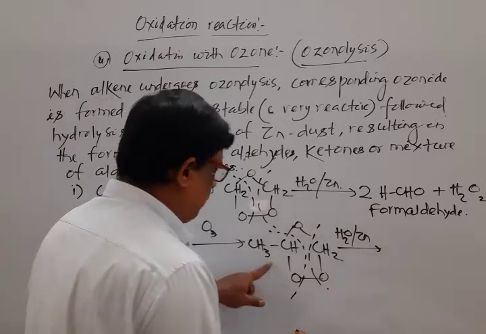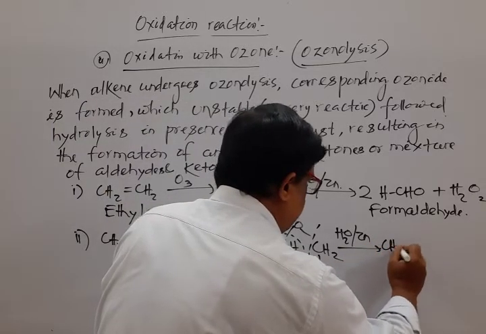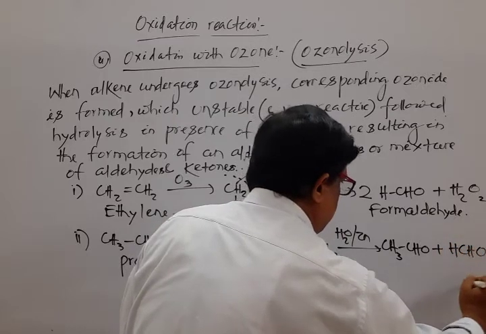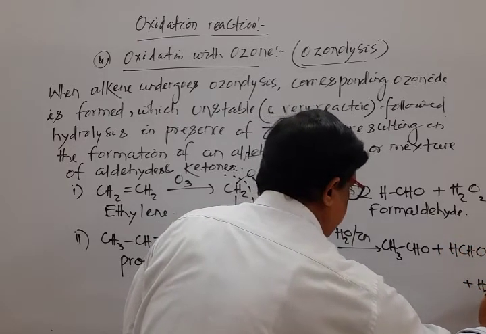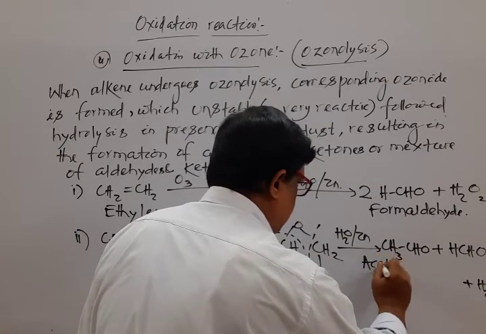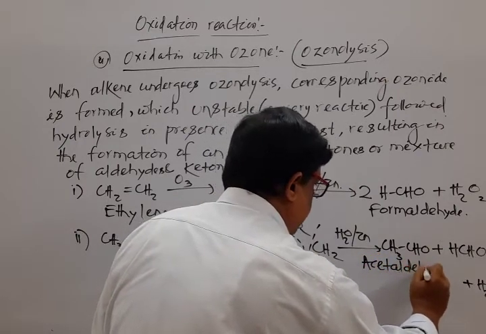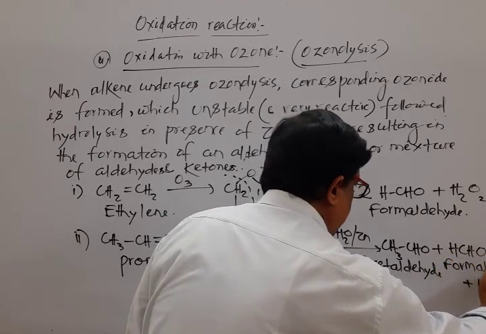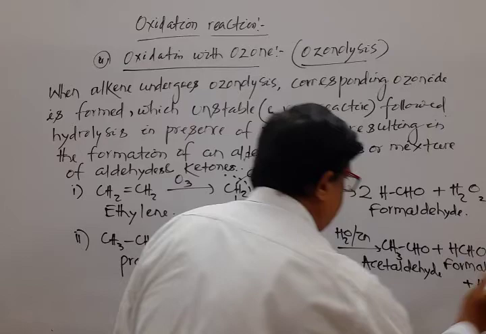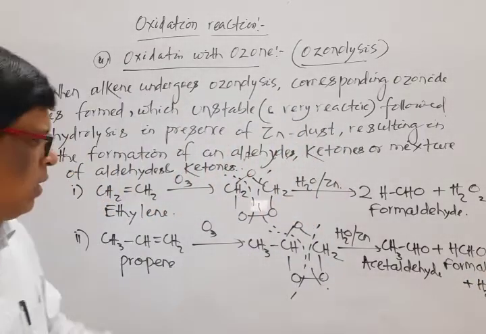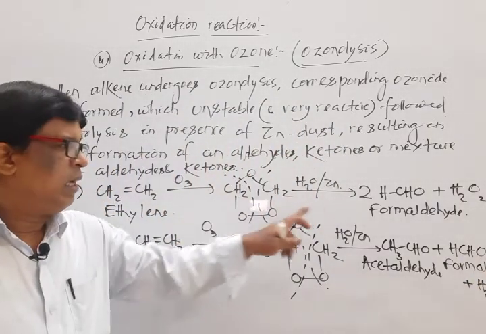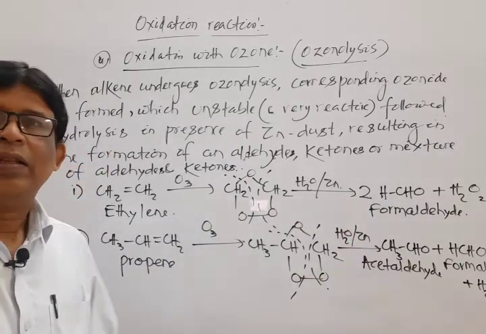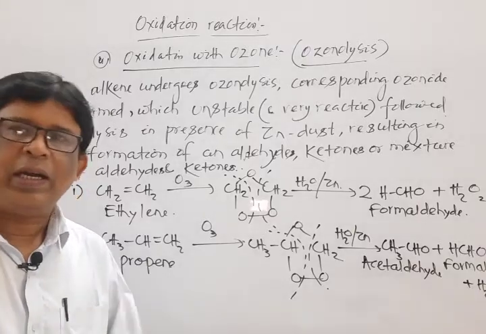What is this one? This is CH3CHO plus HCHO plus H2O2. Its name is acetaldehyde. Its name is formaldehyde. Okay, so mark that. In the first example, there is one type of aldehyde. Then in the second example, there is a mixture of 2 different types of aldehyde.